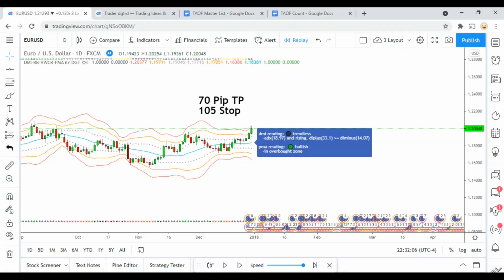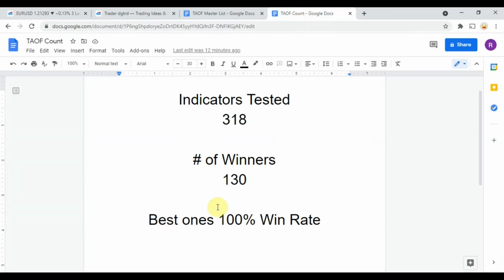Alright, as I said, today we will be testing the colored directional movement and Bollinger Band cloud indicator. Before we do though, I wanted to put the indicator scoreboard up for everyone to see. To date, we have tested 318 indicators, and out of those 318 indicators, 130 of them have been winners, which means that they have met or exceeded the 60% win-loss ratio threshold that we have set for them.